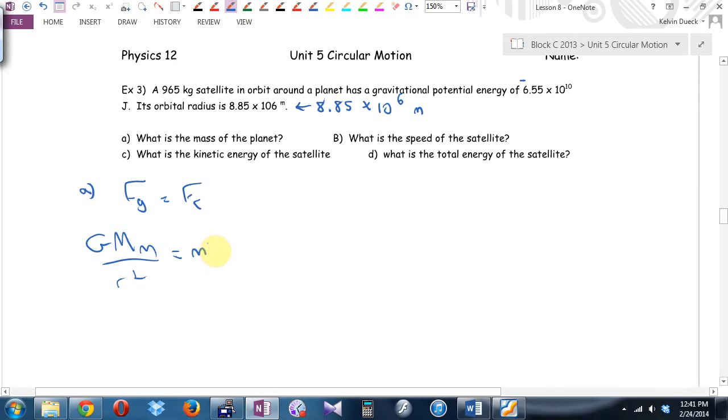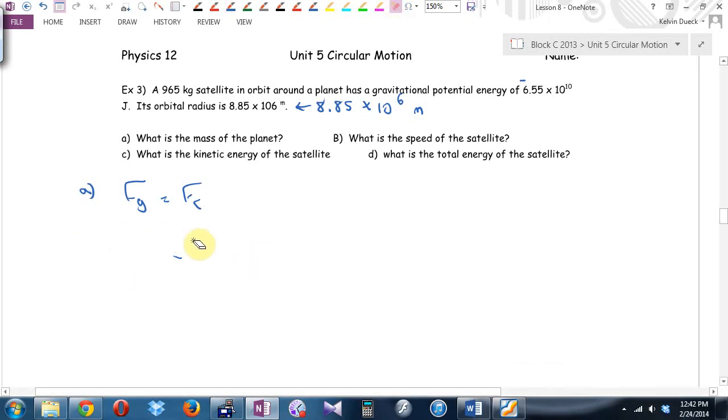No. Did they tell me the period? I'm going to have an unknown here and an unknown there. Two unknowns. Good thought, but I'm going to end up in a dead end. I think I'm going to do this later. In fact, to do part B, I'm going to find the speed, but for part A, I've got to find the size of the planet.